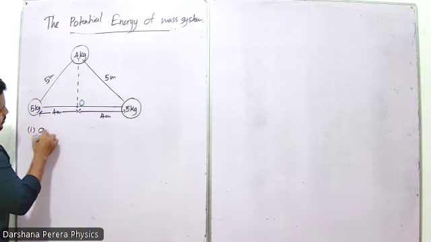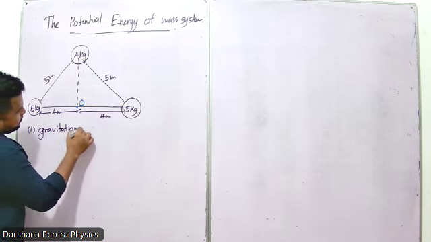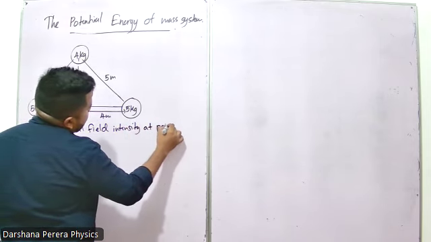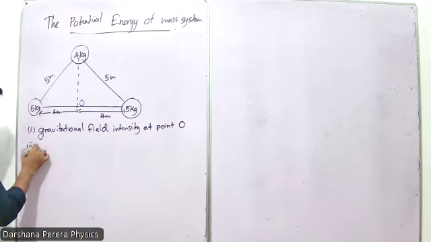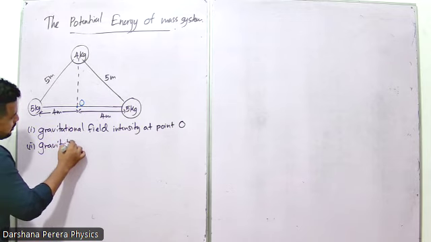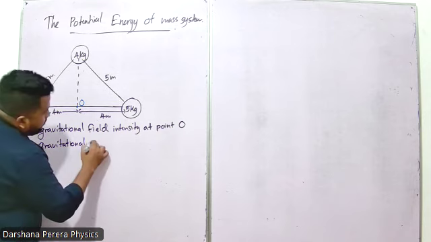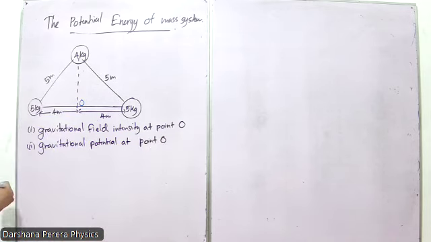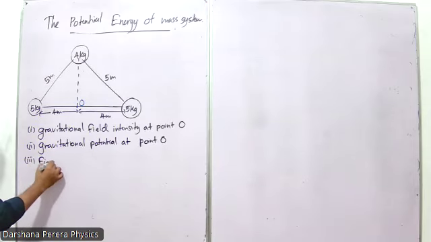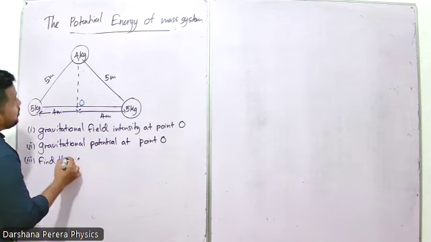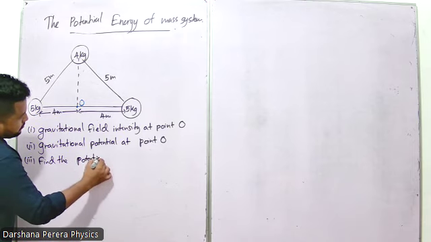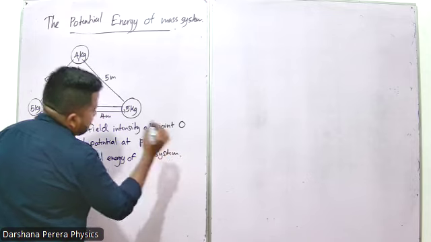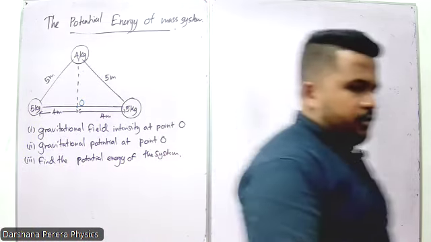Number 1, gravitational field intensity at point O. Number 2, gravitational potential at point O. Number 3, find the potential energy of the system, right? Of the system. Okay, quickly find out.